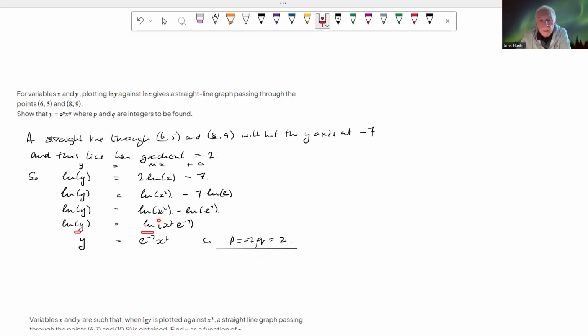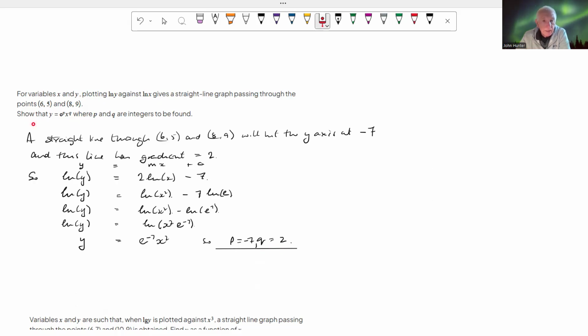When we bring these two together, it's a quotient of x squared and e to the power of 7, which we can write as a negative exponent, e to the power minus 7. So therefore, equating the arguments, we've got y equals e to the power of minus 7 x squared. So p is equal to minus 7 and q is equal to 2.